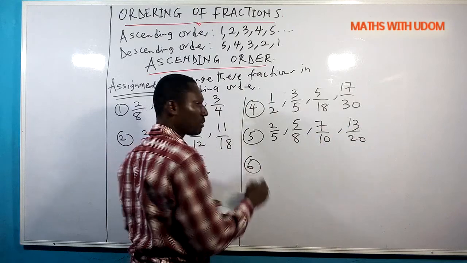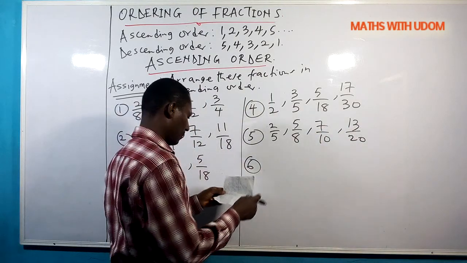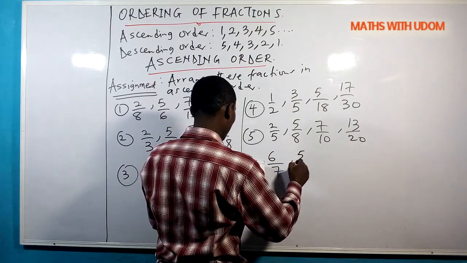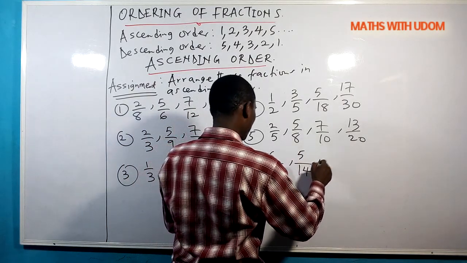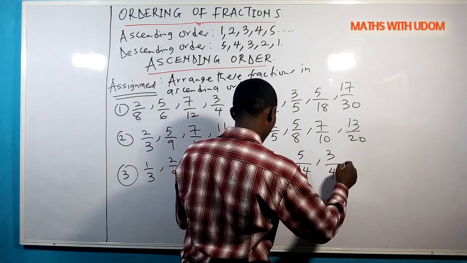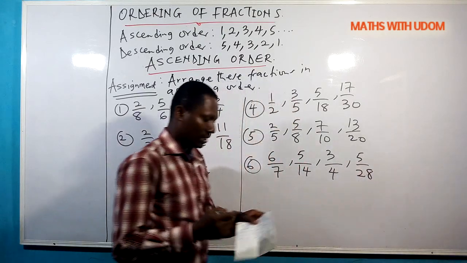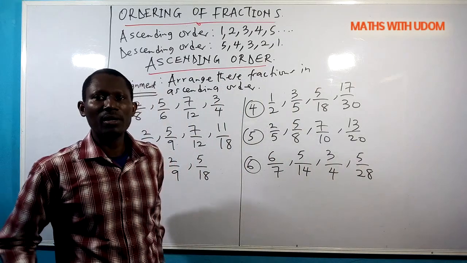And number 6, which is the last one: 6 over 7, 5 over 14, 3 over 4, 5 over 28. So these are your assignments.